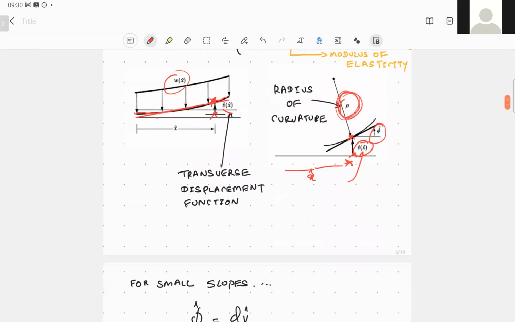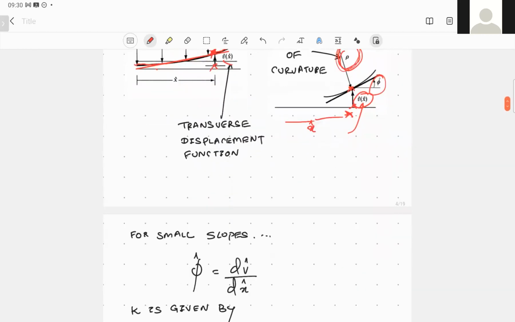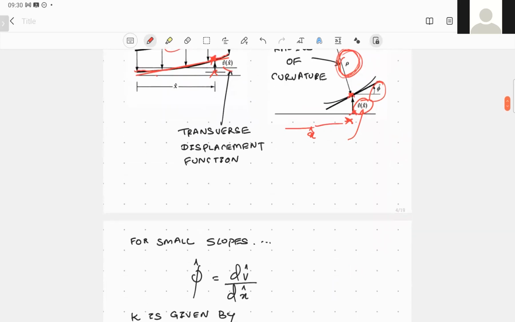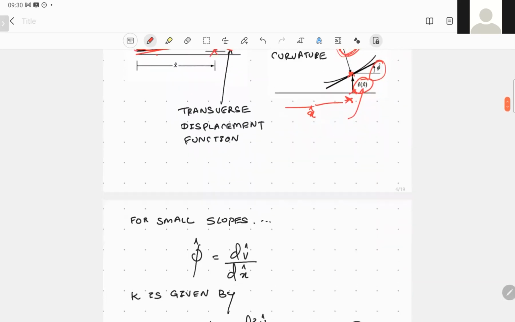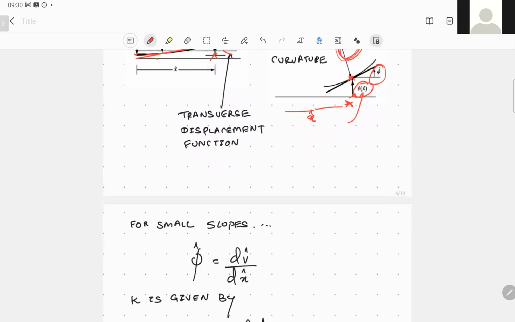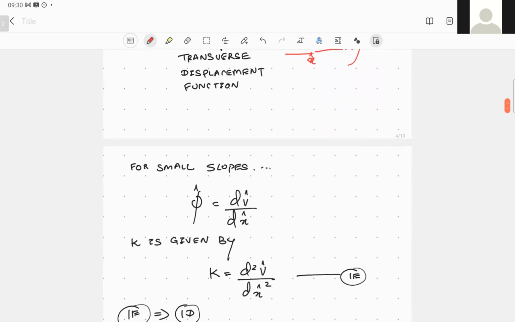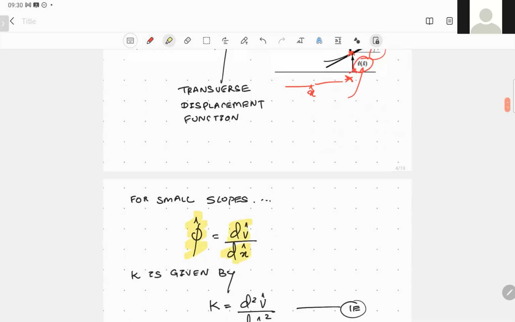So based on these definitions, we can write an equation for the deformed angle. For small angle conditions, it is dv hat divided by dx hat.